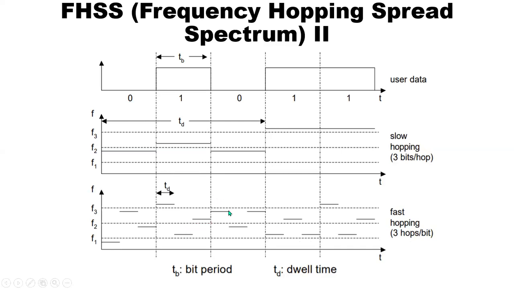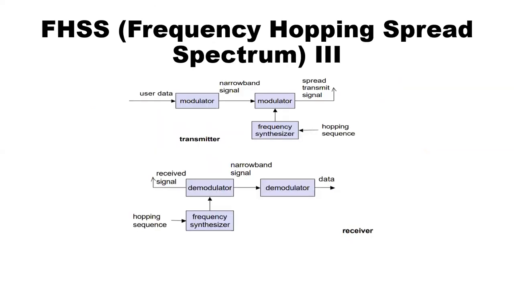Third bit using F3, F2 and F3. Fourth bit F1, F2 and F1. Fifth bit F3, F1 and F2. So by using fast hopping, we are able to transmit each and every bit using several frequencies. By doing this, the data is spread.